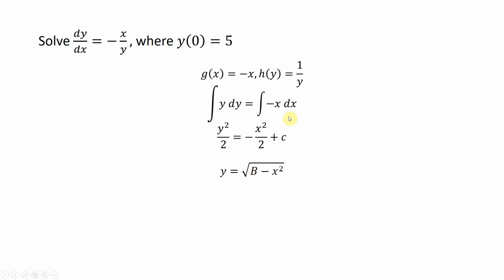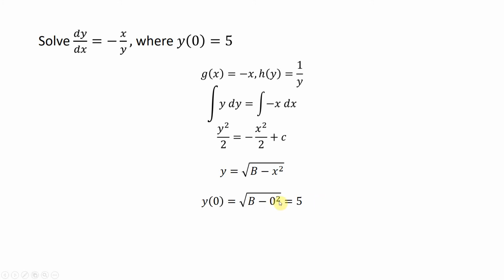We just need to find the solution that satisfies this initial condition. So to do that, we take the value in the brackets here, and substitute every instance of x in the general solution for that value. So that would mean we get y of 0 equals the square root of b minus 0 squared, because the x changed to a 0, and that has to equal 5.